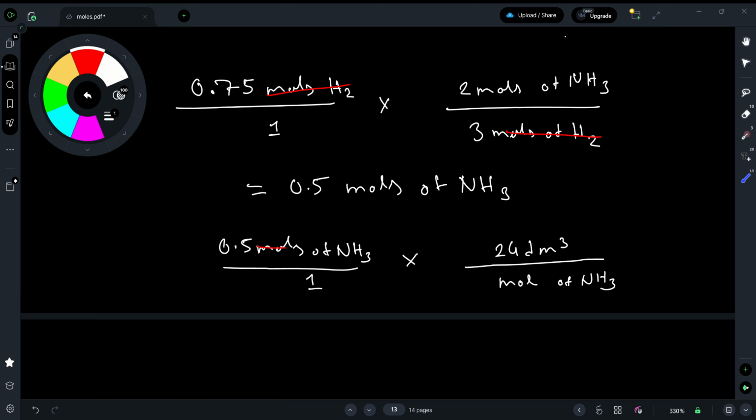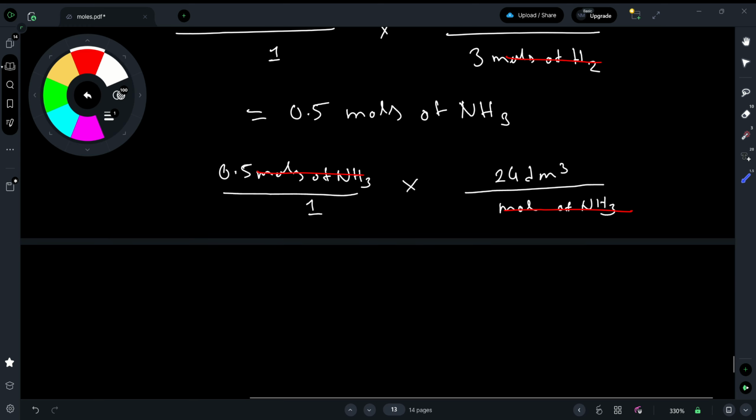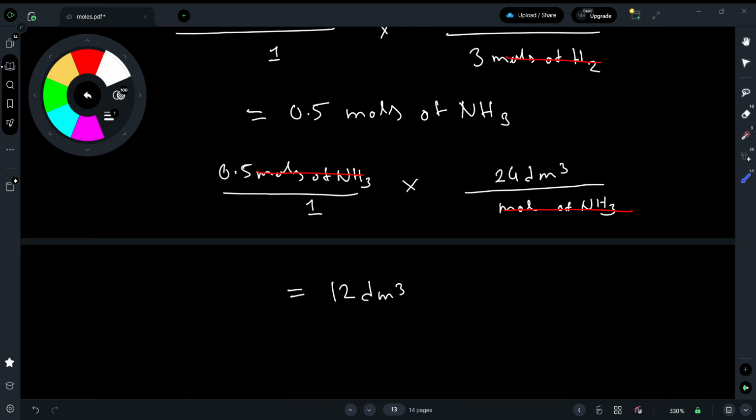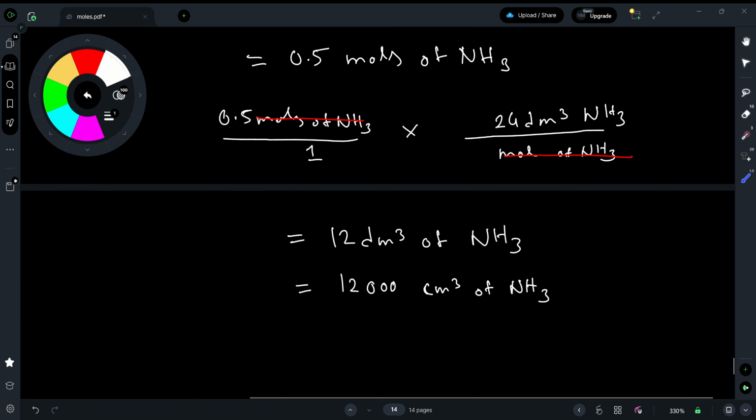So 0.5 into 24 is 12 dm cube of NH3, ammonia. So 12 dm cube of NH3, and we convert this to centimeter cube. From dm cube to centimeter cube, you multiply by 1,000. So you have 12,000 cm cube of NH3.